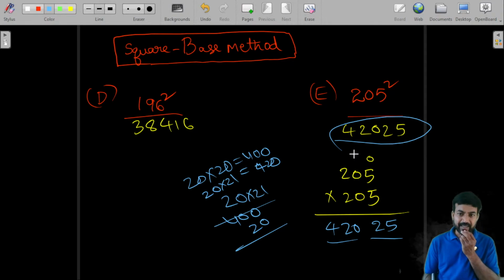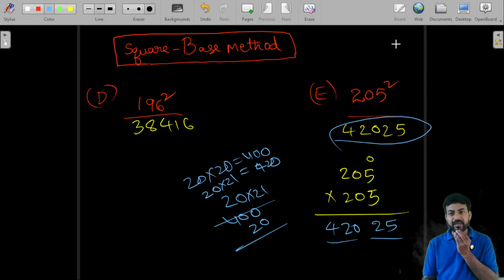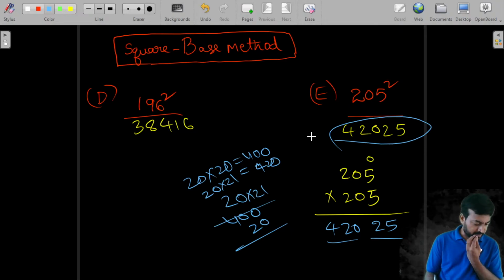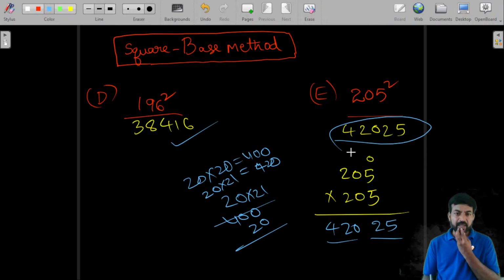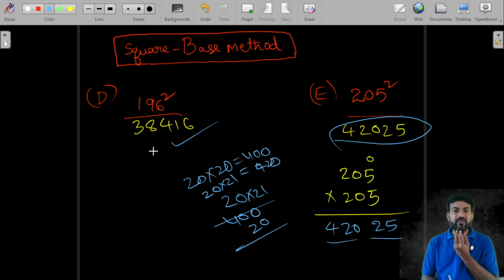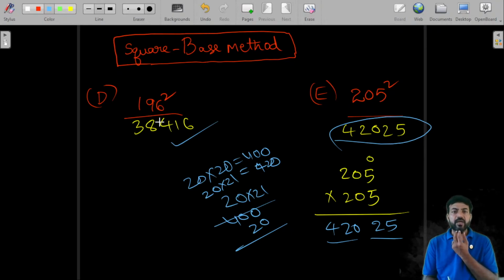Which one is easy? Base method or the general multiplication method, square base method or normal? Yes, Darshit, you got correct answers. But observe the question first. If you find like this, you can use the base method.